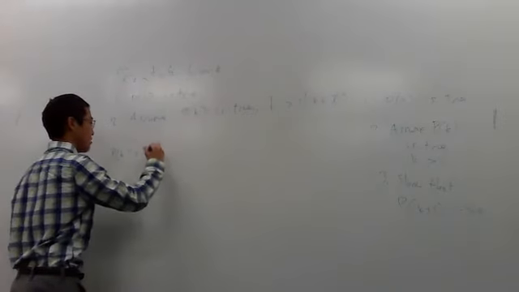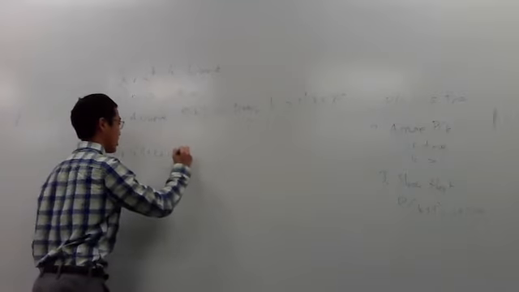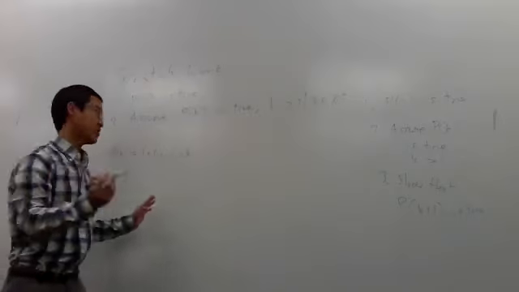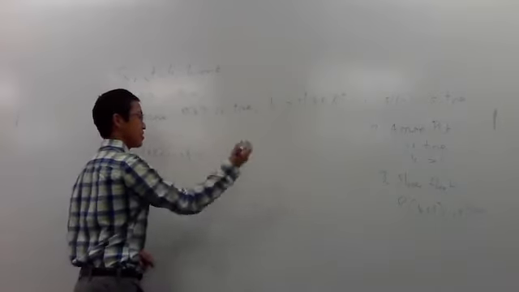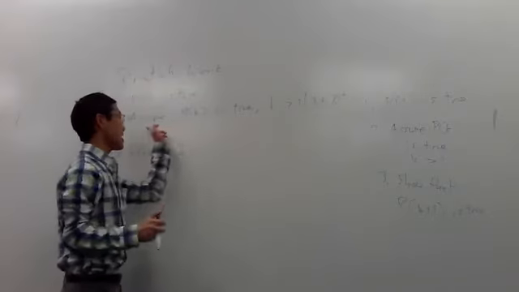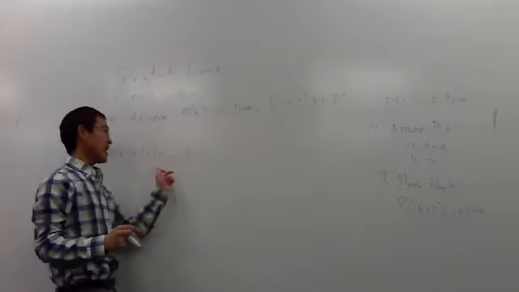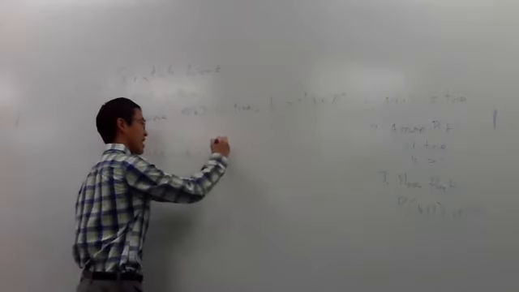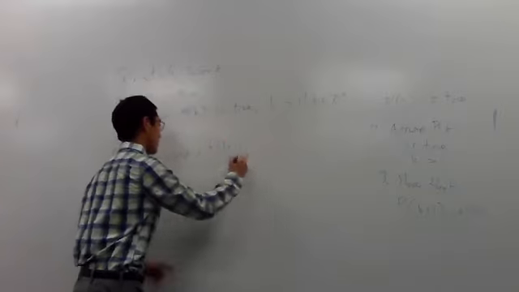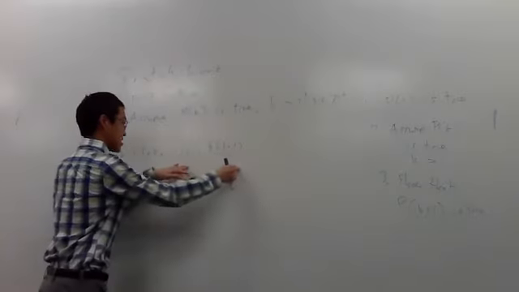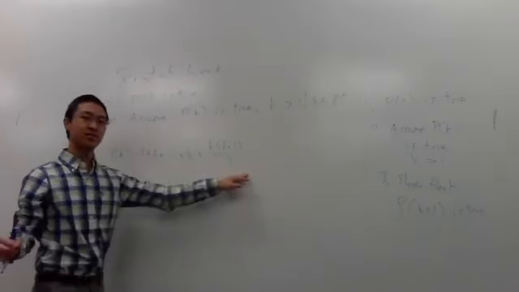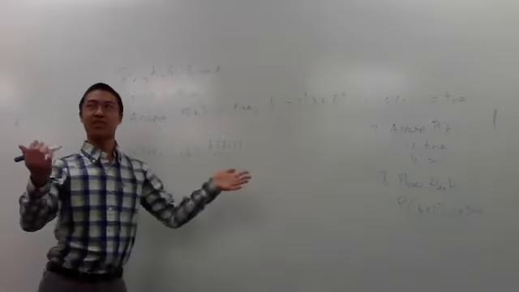It's going to be 1 plus 2 plus and so on, plus k, whatever k happens to be. It's greater than 1 and it's a positive integer, so we're good there. And this is what we mean by assume this is true. We can assign k times k plus 1 over 2 to this number right here. So this is our assumption. We have to assume this. If we don't assume anything, we can't prove anything.